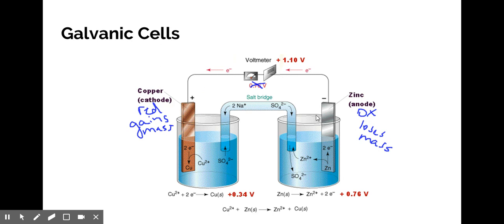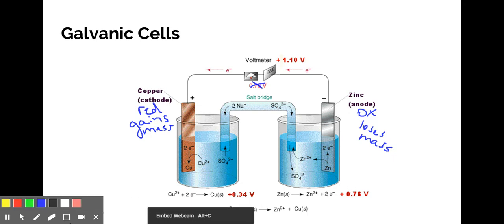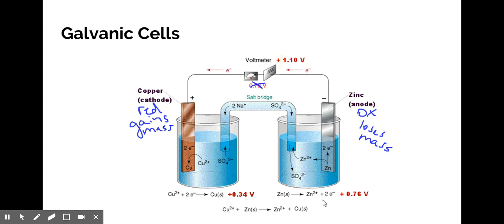Okay? Now, if you do not have any of those indications, then you will have to look at E cell values. Now, this E cell value for zinc, if I were to look it up on the chart, will be written like this: Zn2+ plus 2 electrons yields Zn. And that value there is negative 0.76 volts.